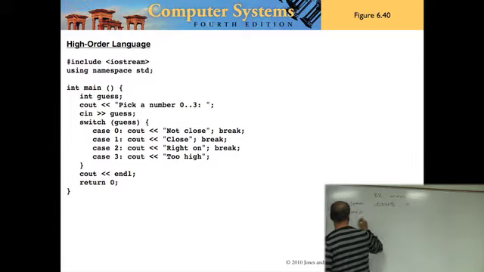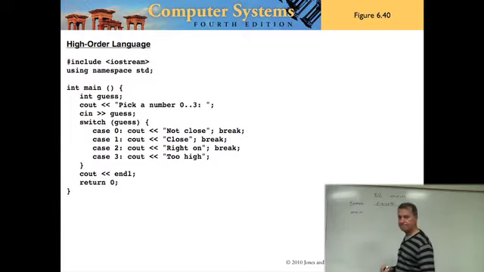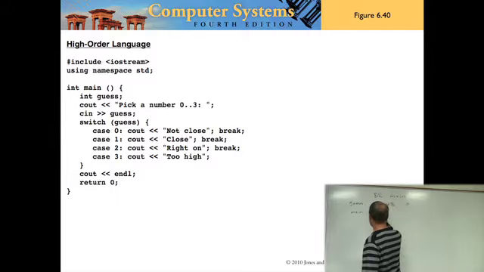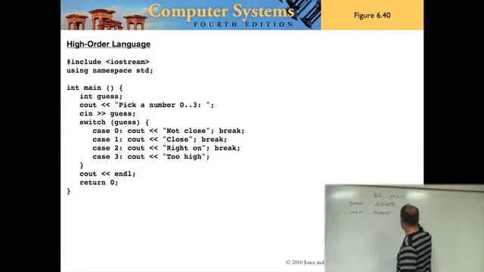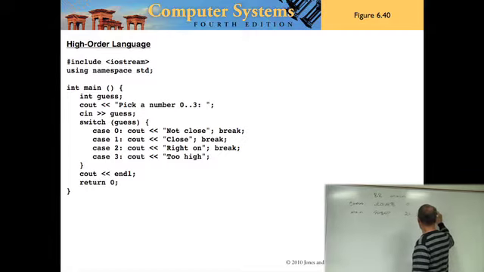And what's the first thing we have to do in main? We just sub SP, and how much? 2 immediate. And we allocate guess.